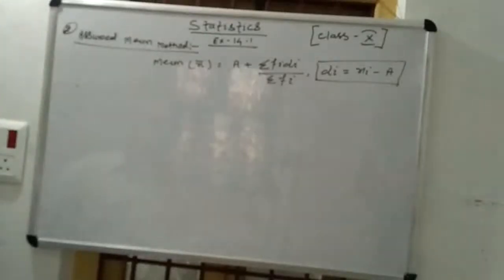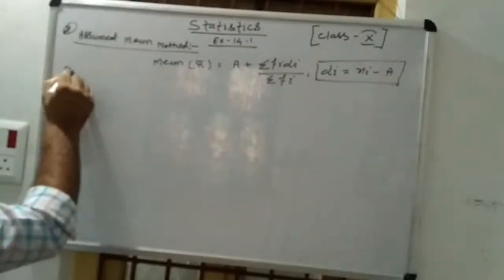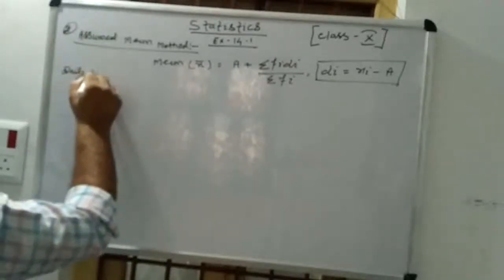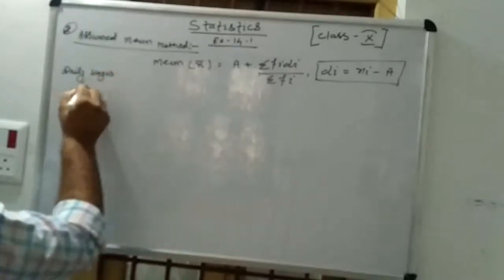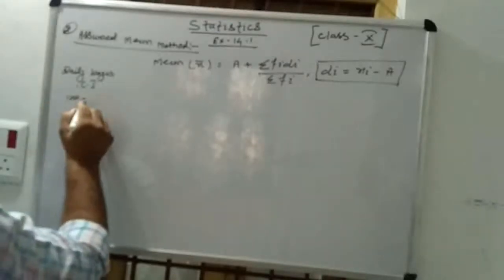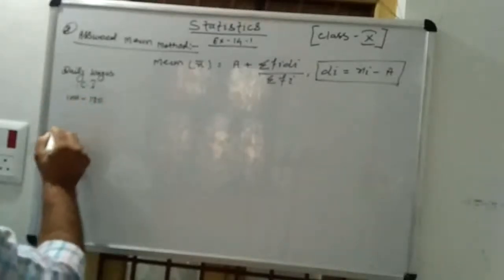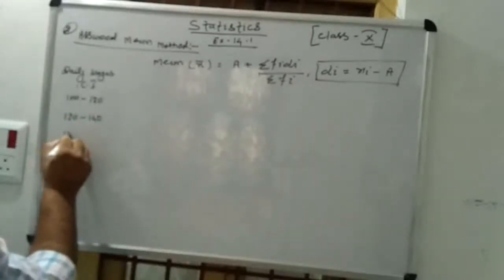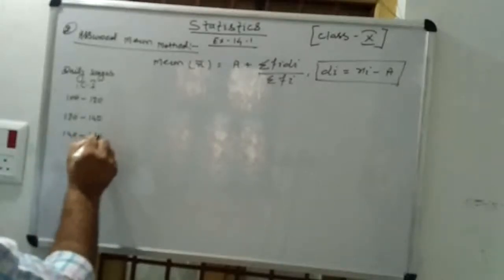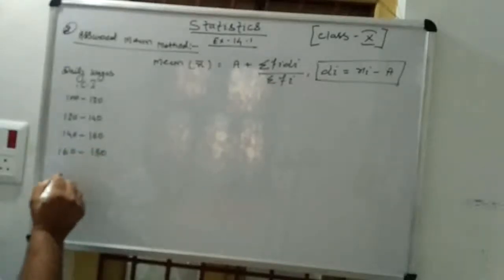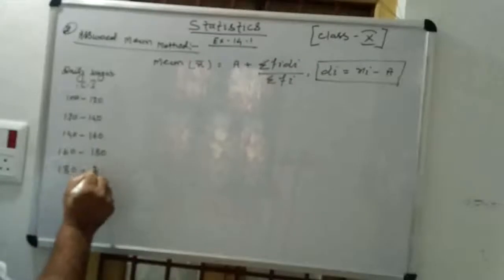In the second question I am directly preparing the table. Daily wages, which is also the class interval: 100 to 120, 120 to 140, 140 to 160, 160 to 180, and 180 to 200.